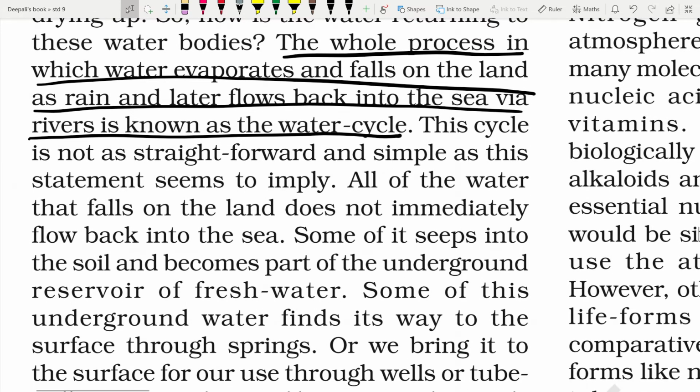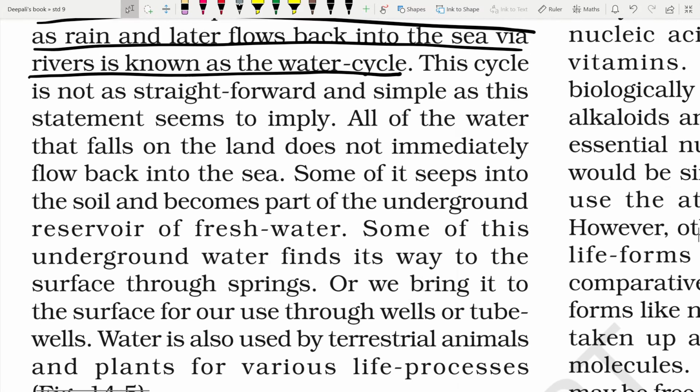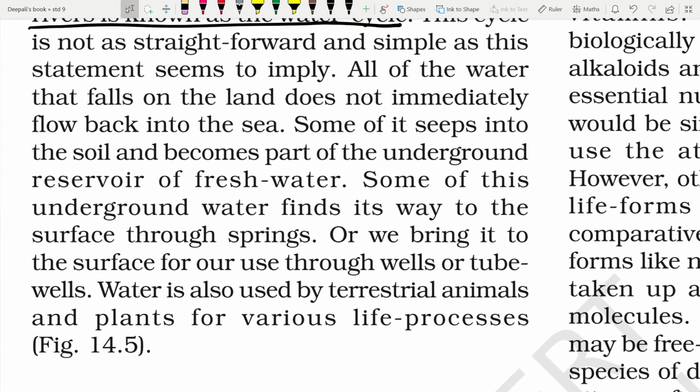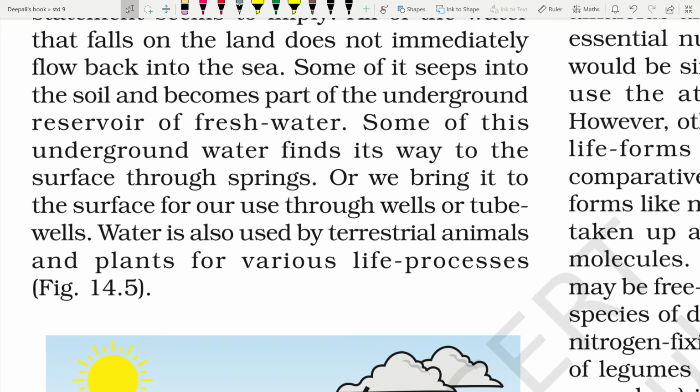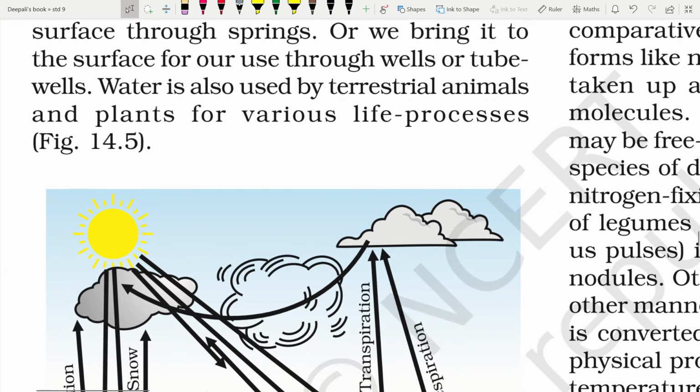All of the water that falls on land does not immediately fall back into the sea. Some of it seeps into the soil and becomes part of the underground reservoirs of fresh water. Some of this underground water finds its way to the surface through springs, or we bring it to the surface for our use through wells or tube wells. Water is also used by terrestrial animals and plants for various life processes.